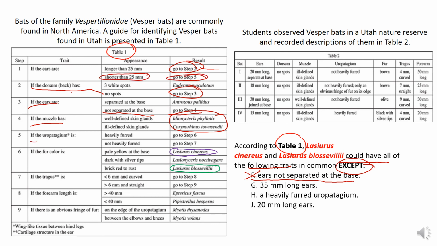Step 5 tells us if the eupatorium is heavily furred or not heavily furred. Well, if it is, this is kind of killing 2 birds with 1 stone. I'm going to just mark this out because it at least shows that we're going somewhere. But when it's heavily furred, go to step 6. So step 6 is here.